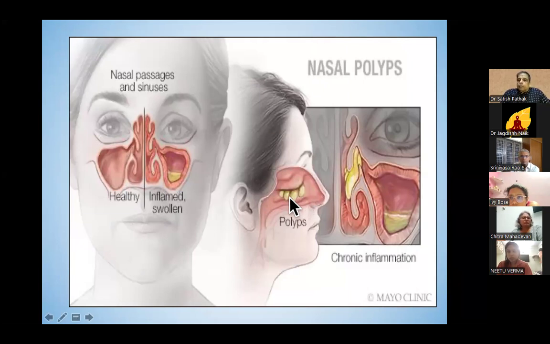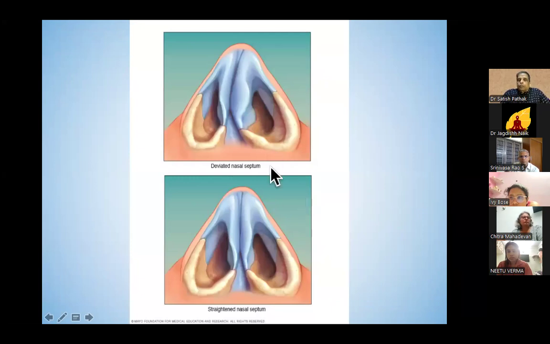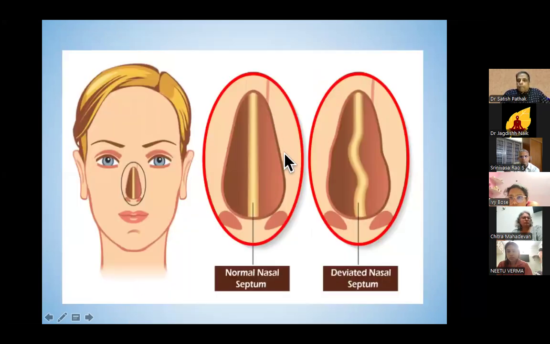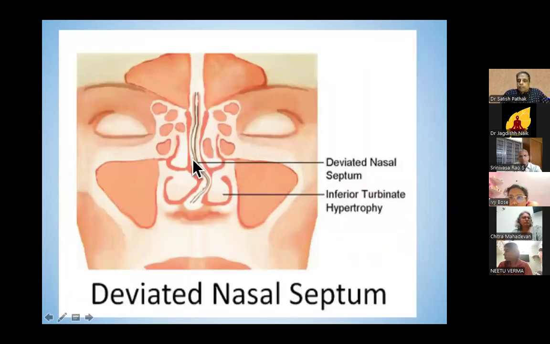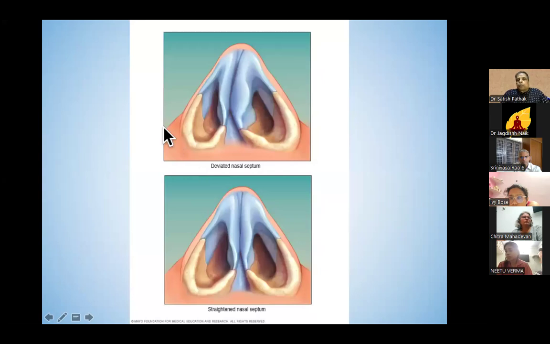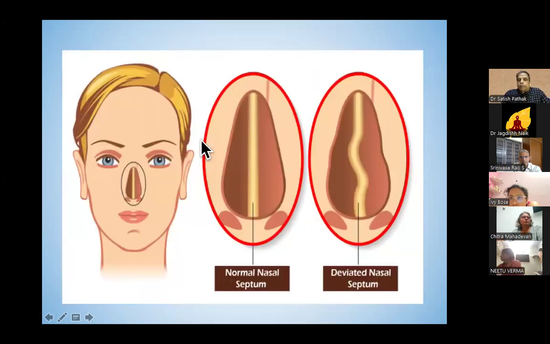So the person who has got nasal polyp or who has got a very tight DNS, he should not practice, because at this upper level, if this deviation is here, the rubber catheter may not go through this small opening.